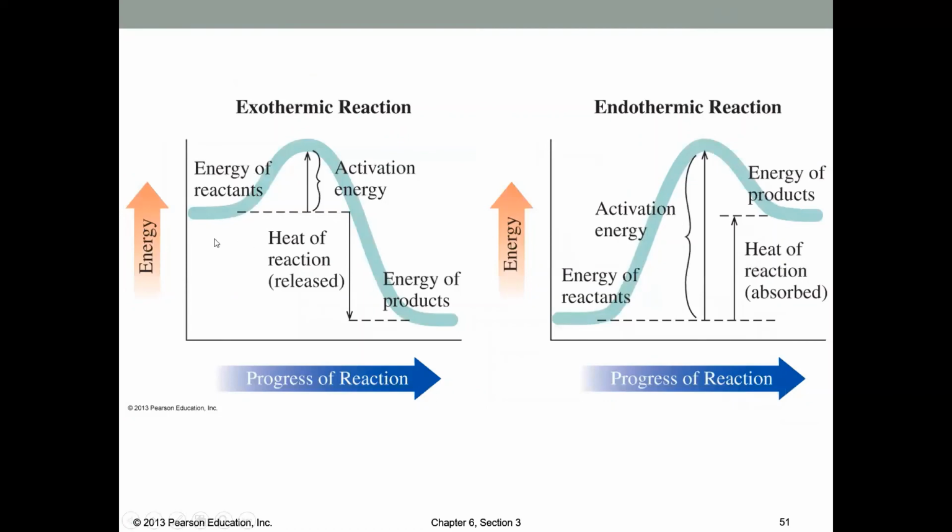Then we have exothermic. In our exothermic reactions, the energy of the reactants is greater than the energy of the products, so heat is released. In endothermic, heat is gained or pulled in.